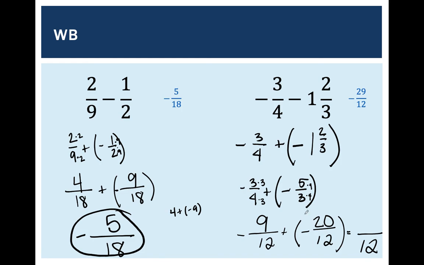The denominator stays the same, and we are looking at -9 plus -20. Those are the same signs, so we add and we keep the sign. So our final answer there is -29/12. Or you could turn that into a mixed number, but again, you do not need to.